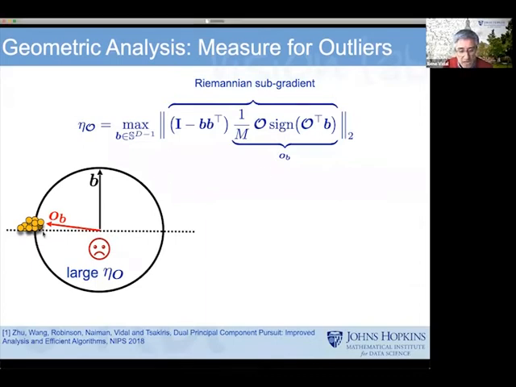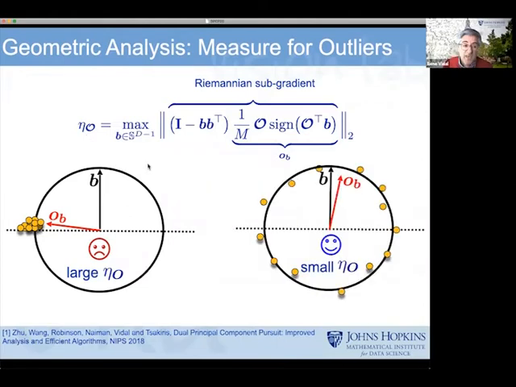So if it so happens that all of the outliers are concentrated in some particular region, then if you give me any vector B as illustrated here on the left, the weighted average is going to be this OB vector. And I can always choose this B so that it is orthogonal to OB and therefore make this eta O 0.